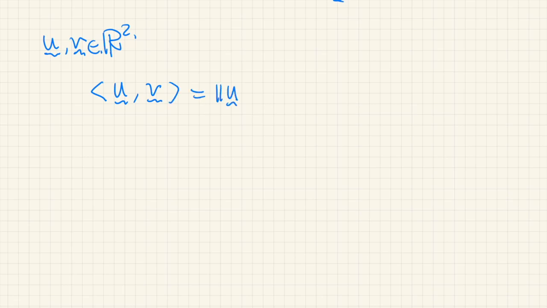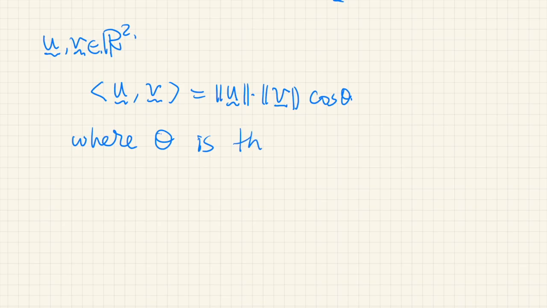The norm of u and the norm of v times cosine theta, where theta is the angle between u and v.